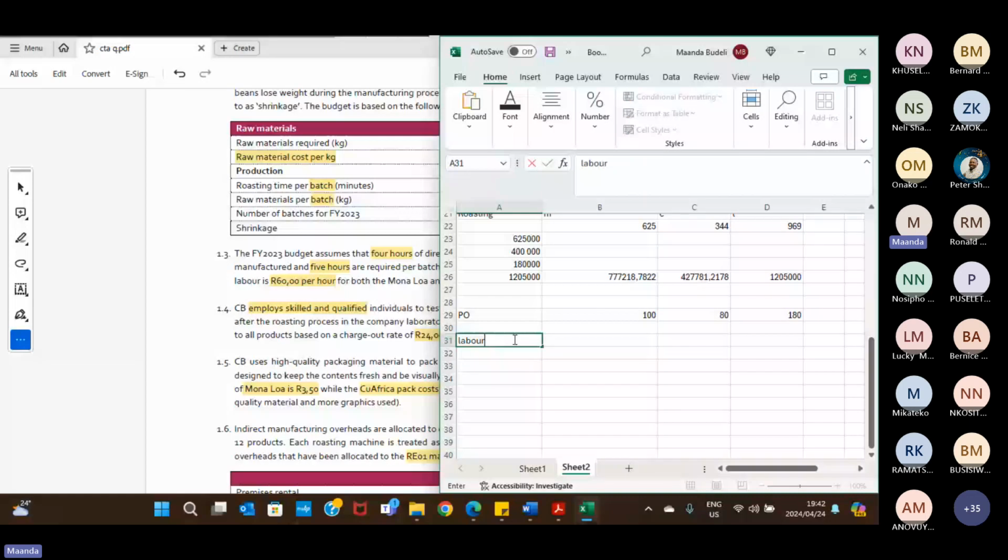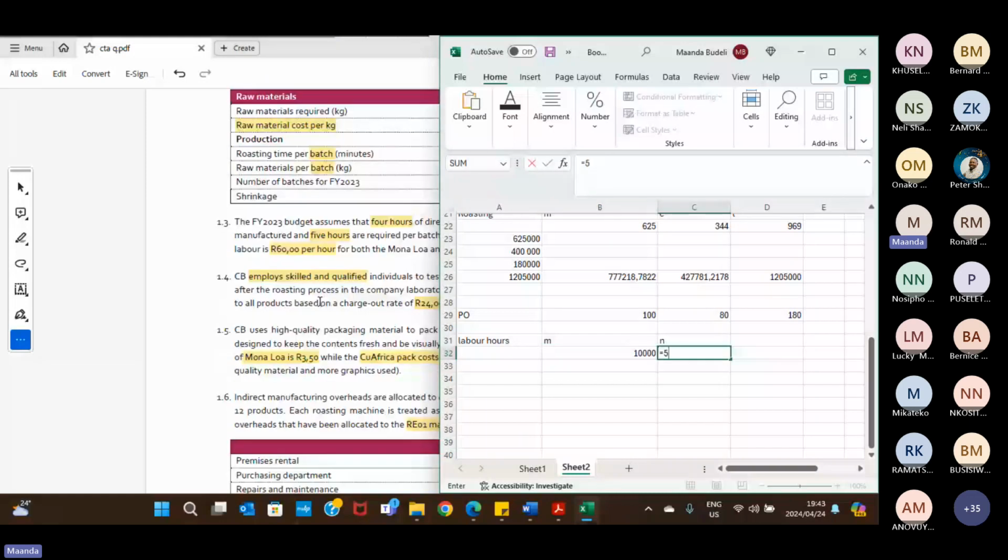I'm told it takes 4 hours per batch, and batches we know we have 2.5, so that will be 10, and the other one takes 5 hours per batch.